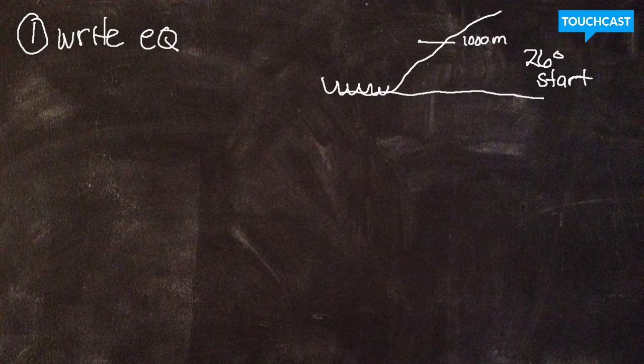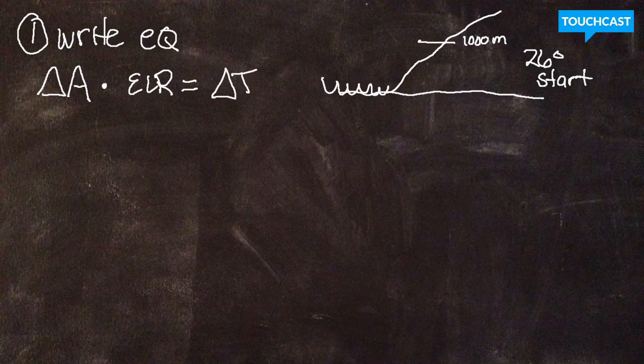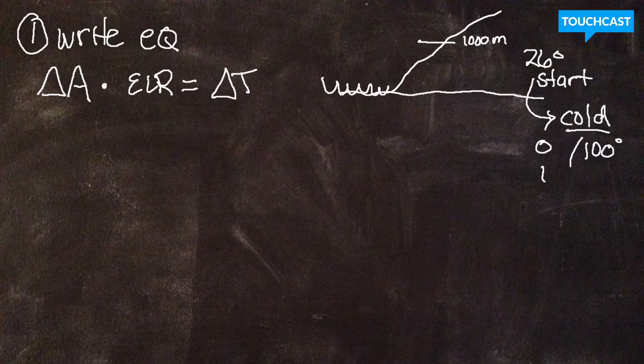And from the previous thing, we had the change in altitude times the environmental lapse rate equals the change in temperature. Well, if we started at 26 degrees on the Celsius scale, that's pretty cold. Remember that 0 is freezing and 100 is boiling. So cold means dry.